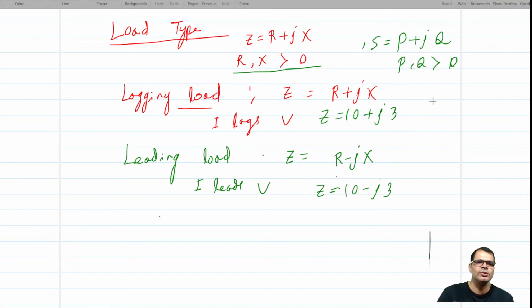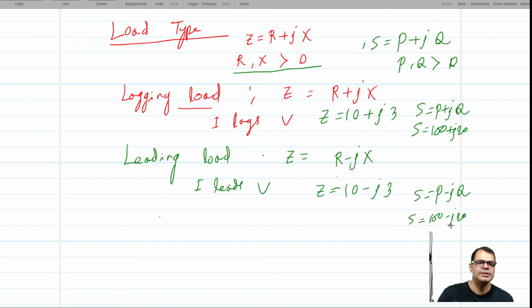For a leading load, S is equal to P minus jQ. For example, S equal to 100 minus j20, that is 100 watt and minus 20 var.